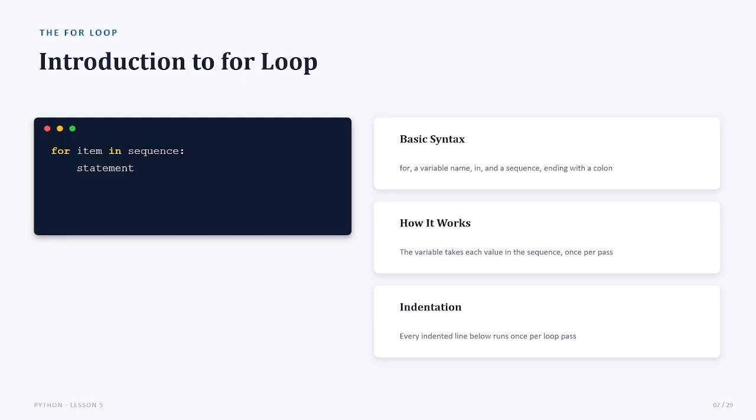A for loop is generally used when we want to repeat something for a specific number of times or go through a collection of values one by one.